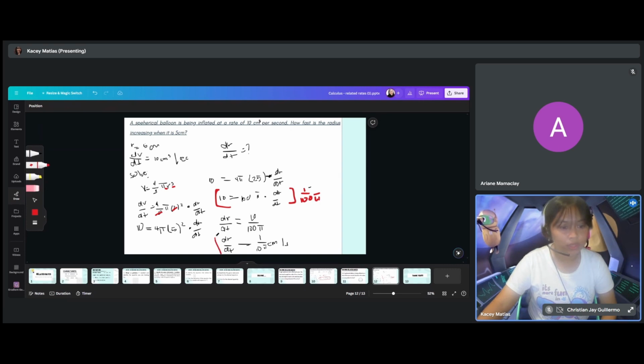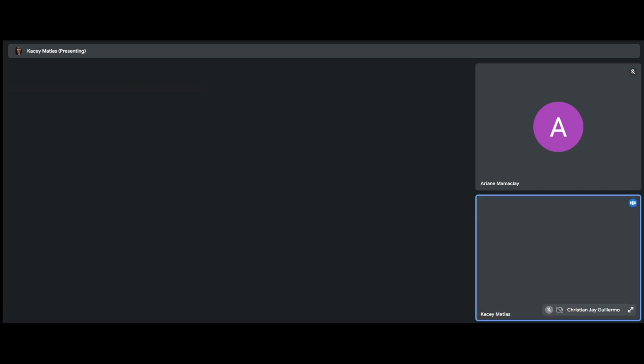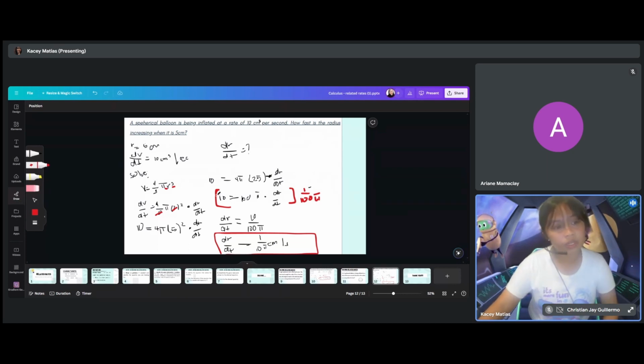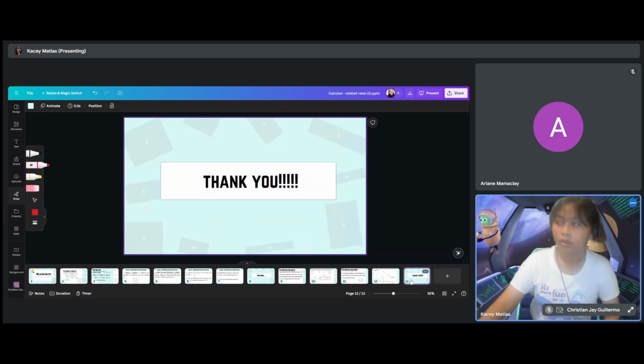So, ito yung final answer natin. So, ang radius daw natin, pag nag-i-increase yung spherical balloon, is 1 over 10 pi centimeter per second. So, thank you everyone.